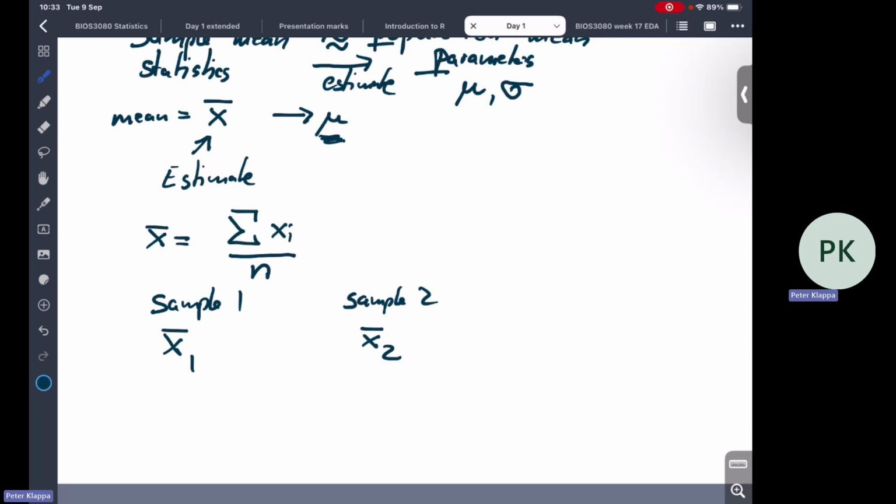This observation that whenever we take a sample, the sample mean will be slightly different from the next sample, actually has a name. Does anyone know what it's called?